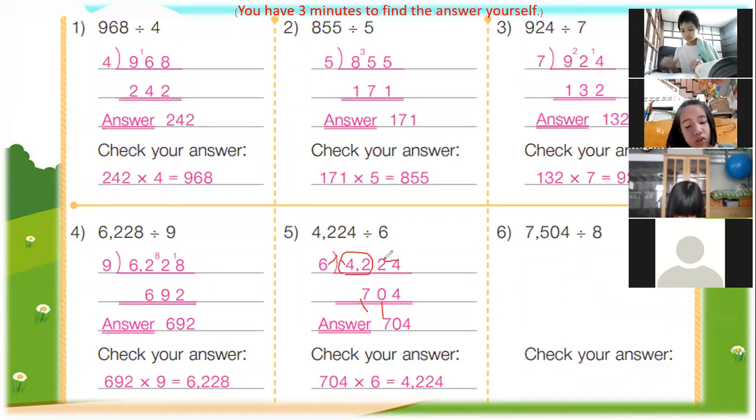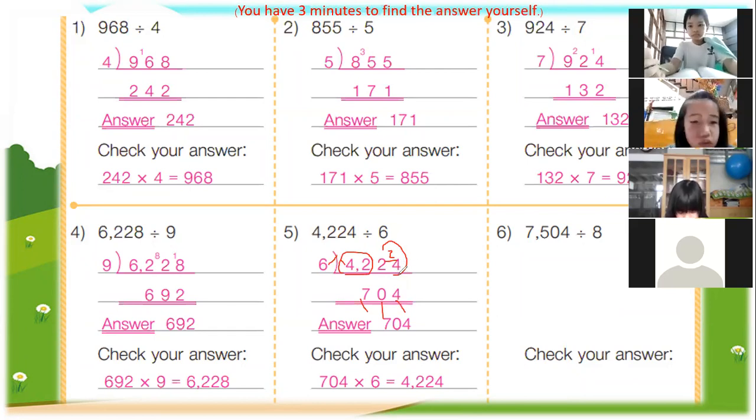Now we have 2 and 4 come here at the 1 place. Okay, so 2 minus 0 is equal to 2. So now we have 24 at the 1 place. Now we use again the table of 6. 6 multiplied by 4 is equal to 24. So we have the quotient 704.